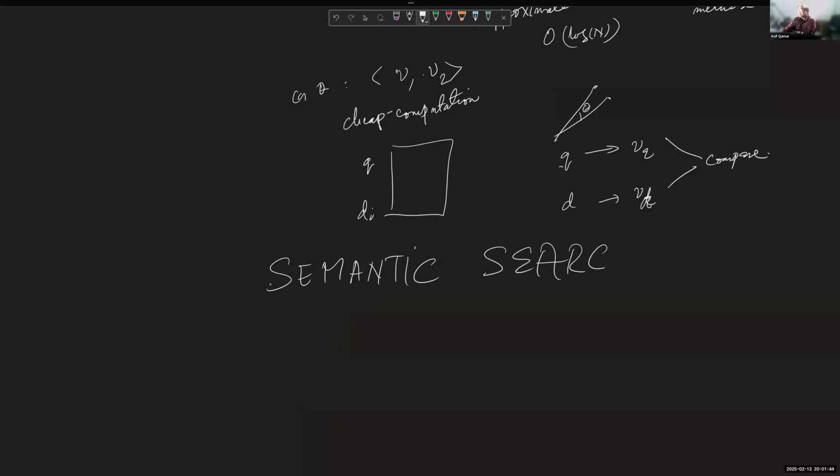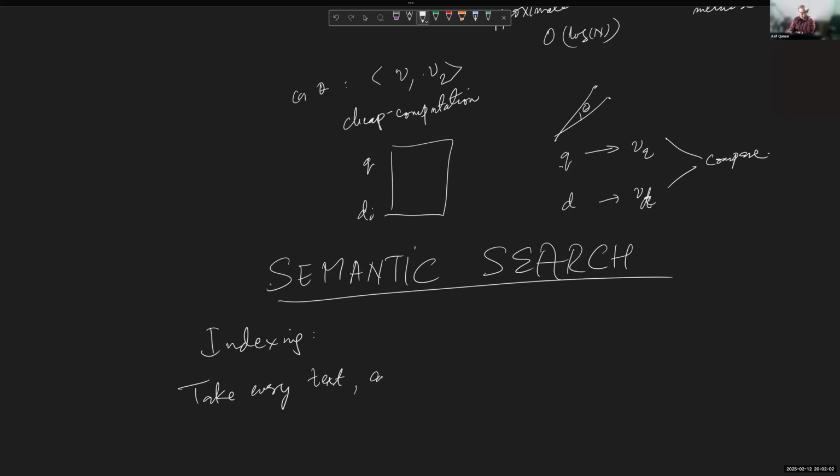So what are the key ingredients of this semantic search? The steps are, first, indexing. Take every text, I'll just use the word text rather than sentence or document, and, number one, create a vector embedding, namely a point in the Cartesian space.